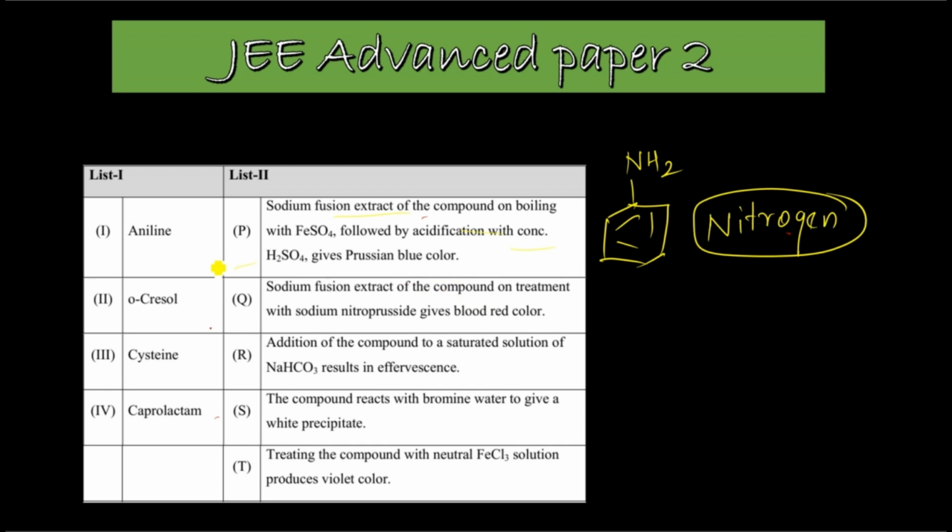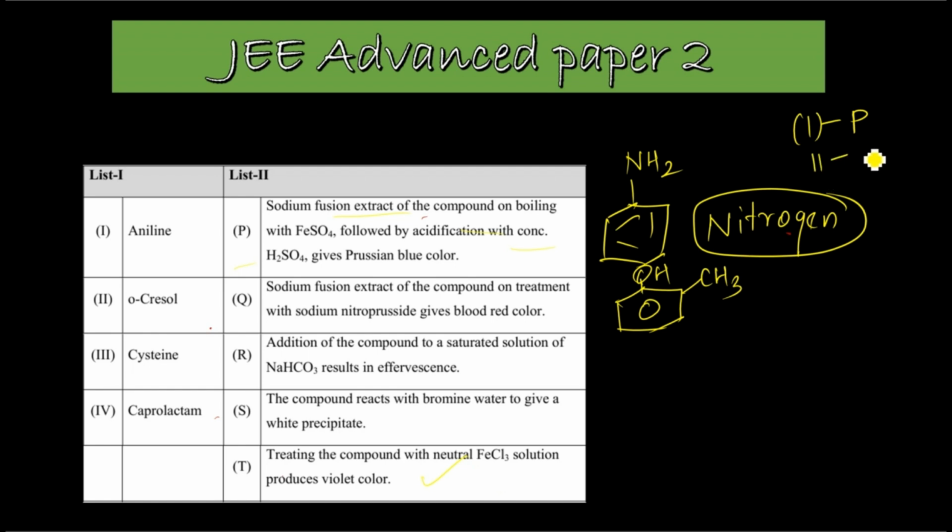So 1 to P is right. Then orthocresol will have an OH group in it along with CH3 on the benzene ring. So orthocresol will give a positive answer for the neutral ferric chloride test because of the presence of the phenol group, right?